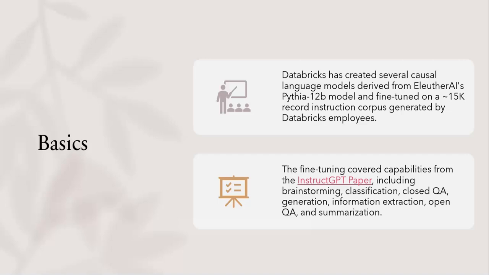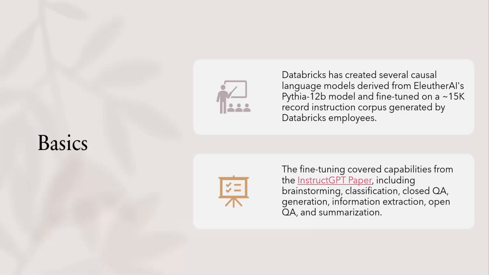It is derived from EleutherAI, and the Dolly name comes from a scientist. It is based on EleutherAI's Pythia 12B model, and it was trained by fine tuning on a 15K record instruction corpus.